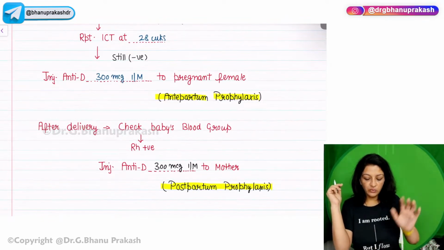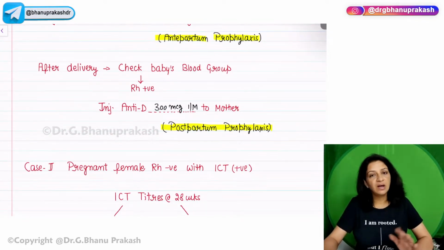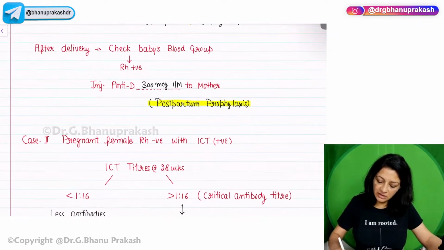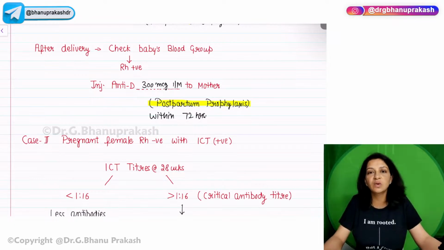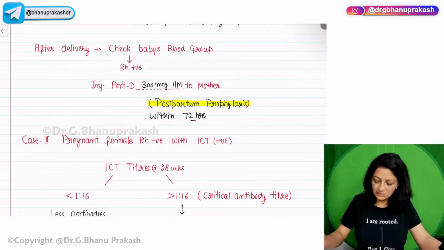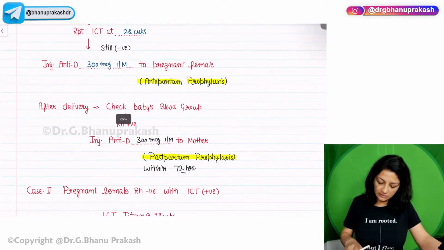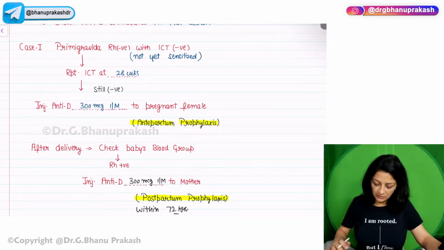Within 72 hours, or you can give this injection till 1 month. So this is case 1, where ICT is negative, means mother is not yet sensitized.